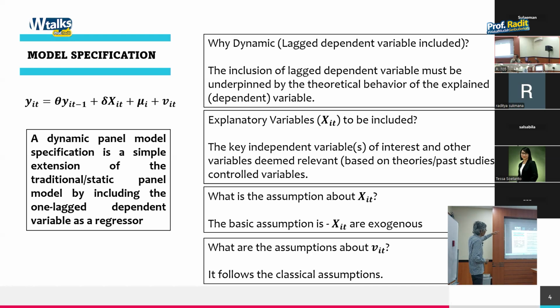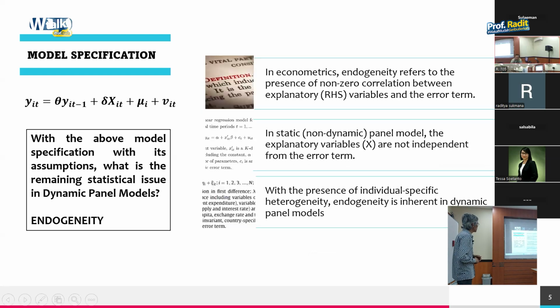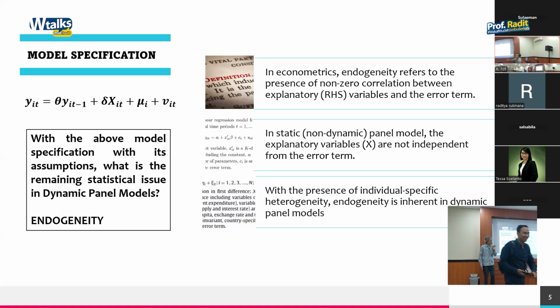So even if we have all these model specifications with all these assumptions that we have made, X exogenous and classical assumptions, dynamic panel models have the problem of endogeneity, which is the next slide that I put in, right? So when you specify the model as dynamic panels with the assumptions that we have discussed before, there exists basically one key statistical issue in dynamic panel models, right?